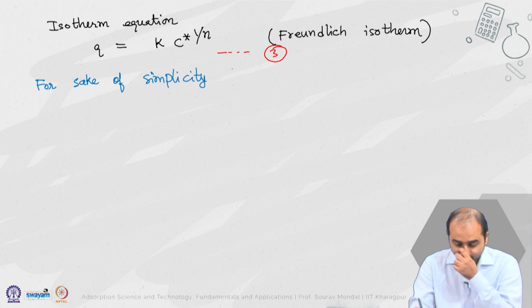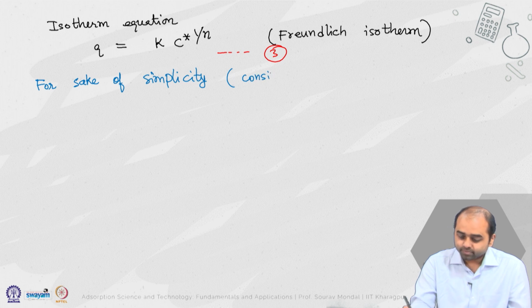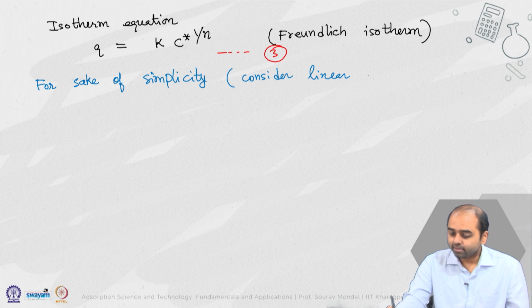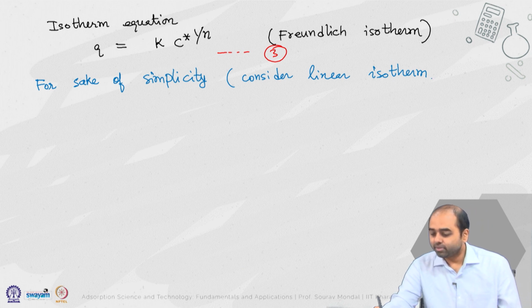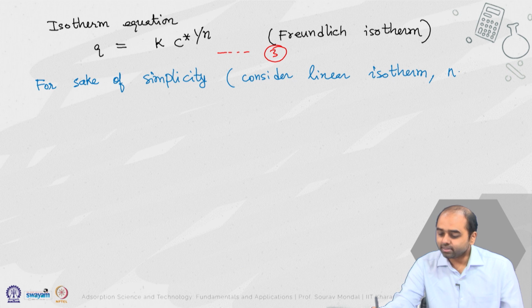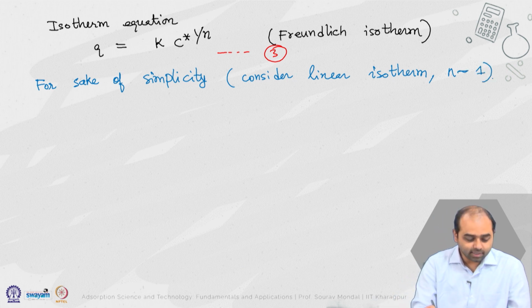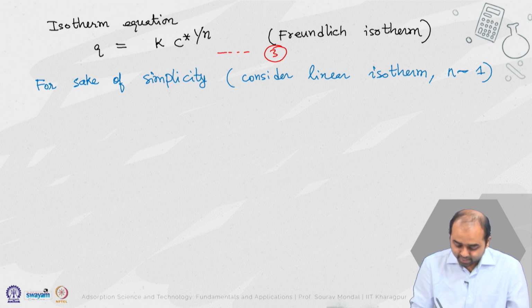let us consider linear isotherm. Of course you can also work this out for the nonlinear type, or when n is not equal to 1, but for the linear isotherm case, when n is equal to 1, the solution of this set of equations can be analytically obtained.